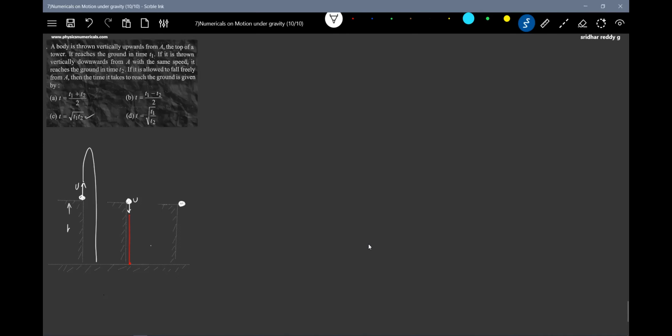Okay, let h be the height of the tower. Here this time is t1, this is t2. We have to calculate this t. Here it is released from rest, here projected up, and here projected vertically down.